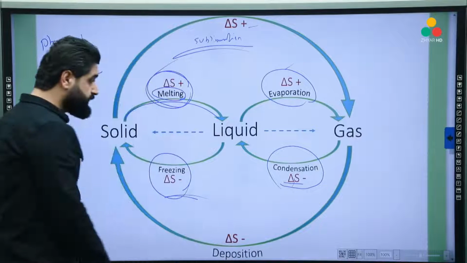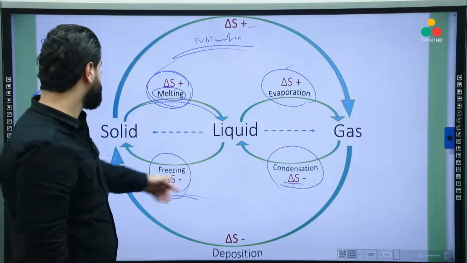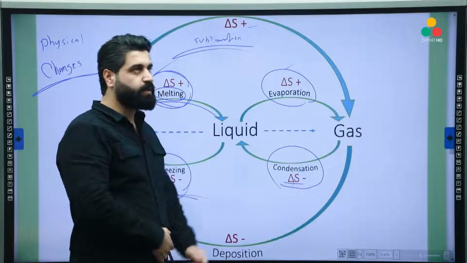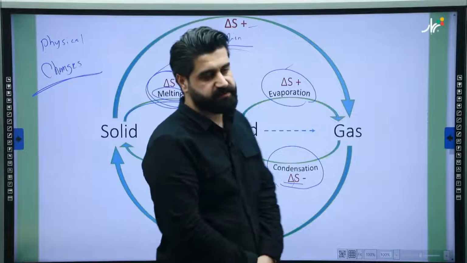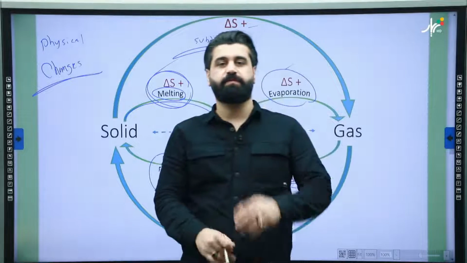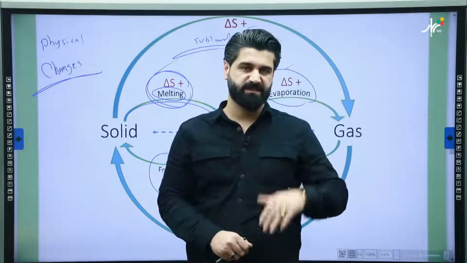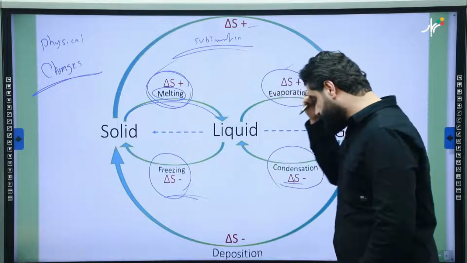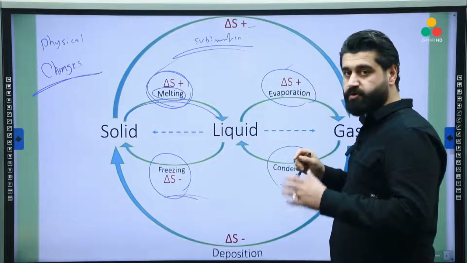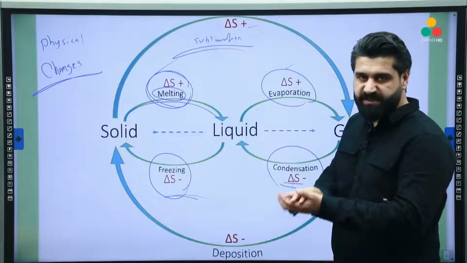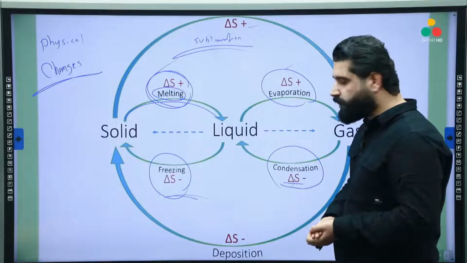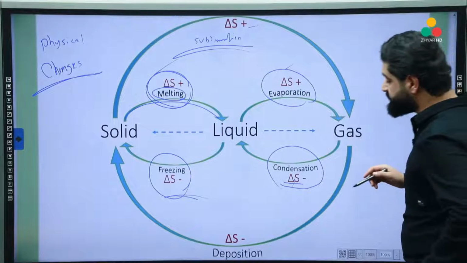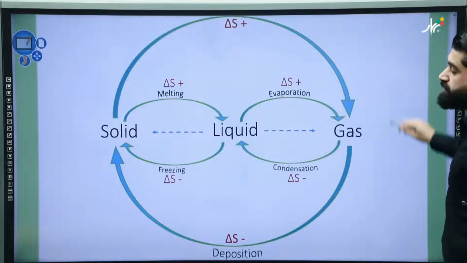And from gas to solid is called deposition. In deposition, particles go from gas phase to solid phase directly without going through the liquid phase, such as CO2 gas to solid CO2, which we call dry ice. So again, delta S will be negative, decreasing in entropy.